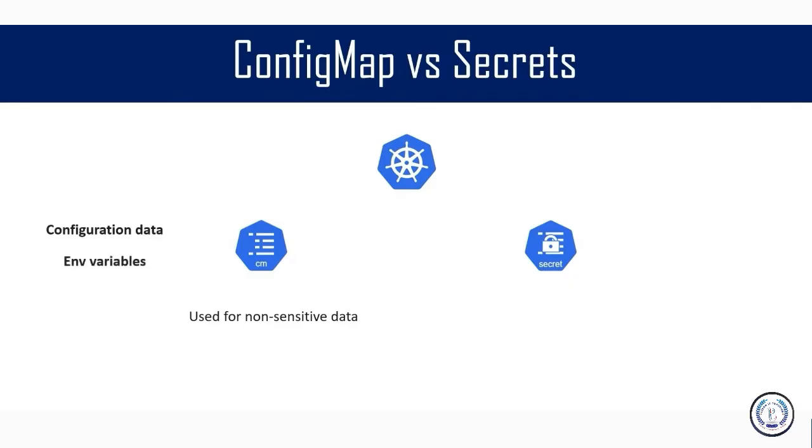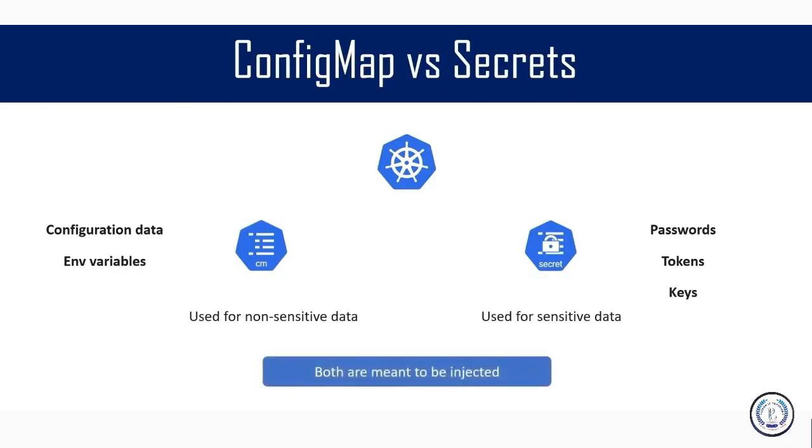On the other hand, secrets is used for storing sensitive data such as passwords, tokens, and keys. Unlike config map, which has no encryption available, with secret, you can enable encryption in order to use it safely. Talking about the similarities, both objects are meant to be injected into the pods. But secrets is very specific and is intended to hold confidential data.